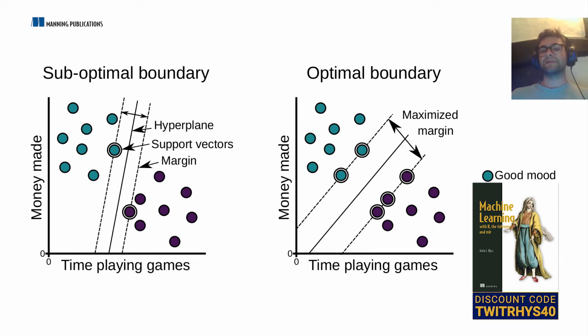This is an example of a binary classification problem. And the two classes are very easily separable. They're completely distinct from one another. And so actually there are a number of decision boundaries that we could use to separate these two classes.